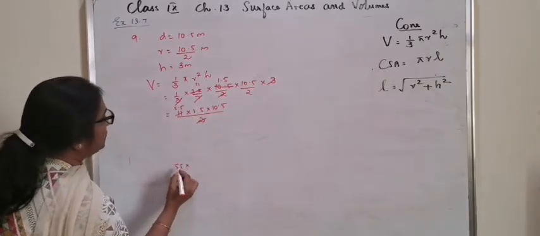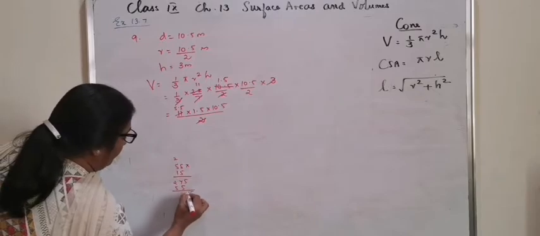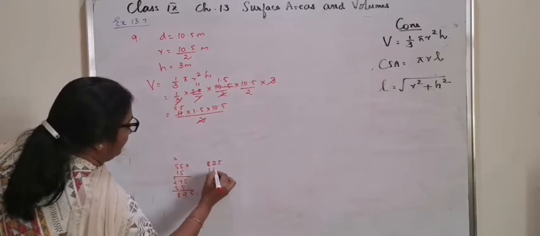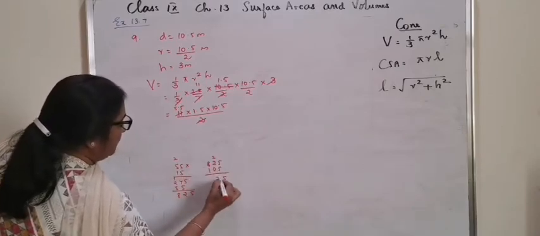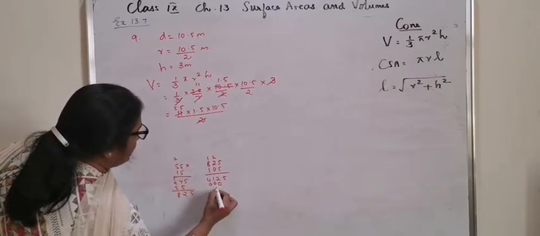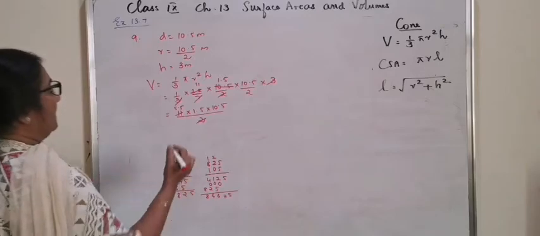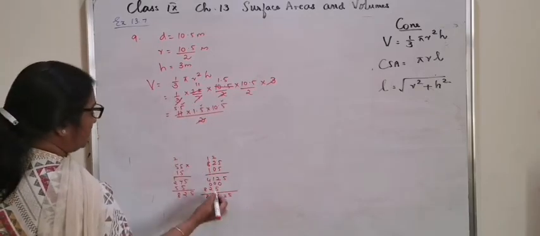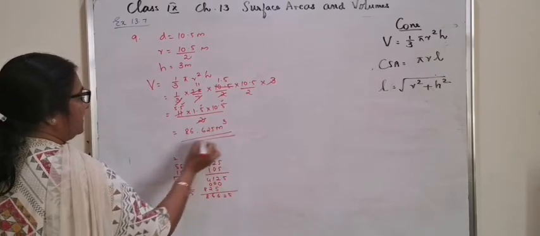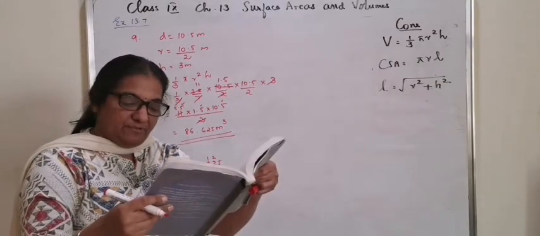So 55 into 15, into 105, with 3 decimal places, which is the same as 86.625 meter cubed.